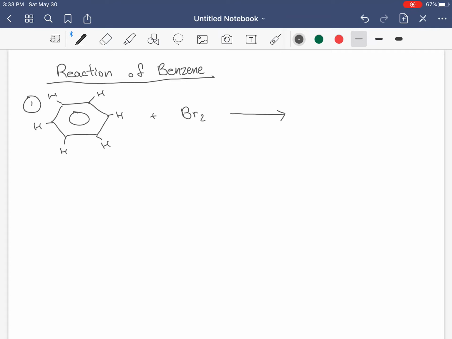And it has to be specific, so specific that it has to be consistent with what's being reacted. So if you're going to do a bromination reaction with benzene, you better hope that you picked a catalyst that has bromine in it. If you decided to do this FeCl3, you're not going to get anything.